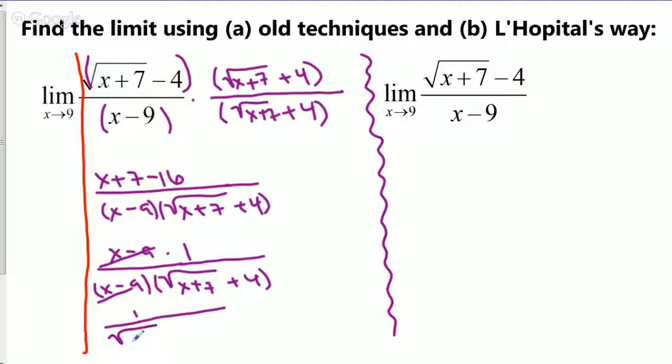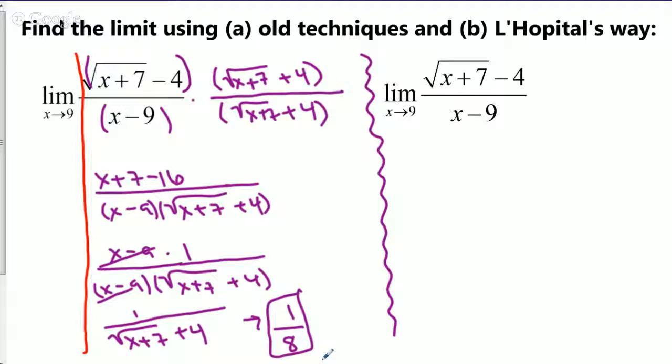So I have 1 over the square root of x plus 7 plus 4. All right. Okay, now we can plug in 9 for x. So I have 1 over the square root of 16 plus 4. So I have 1 over 4 plus 4, which is 1 over 8. Okay, not terrible, but it took some time.